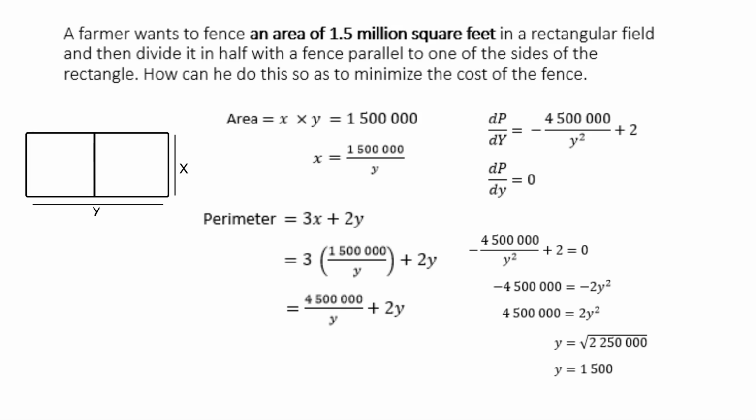Negative 4,500,000 over y squared plus 2 equals 0. Negative 4,500,000 equals negative 2y squared. 4,500,000 equals 2y squared. y will be equal to the square root of 2,250,000. Then y equals 1,500.